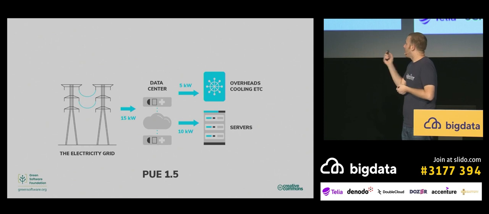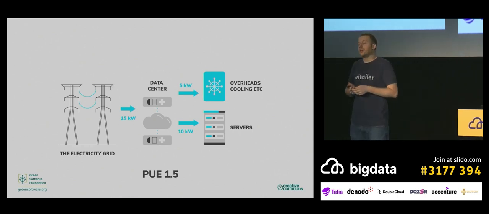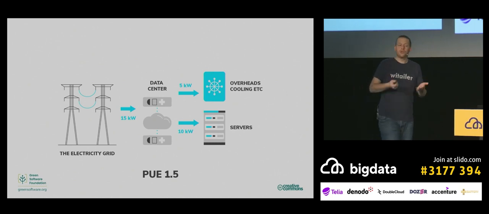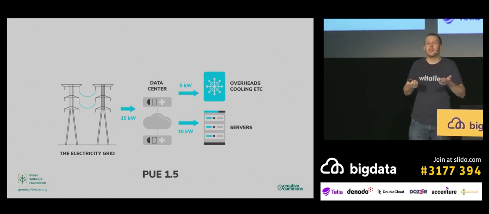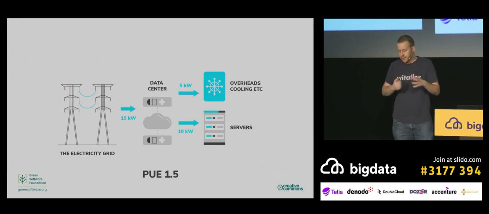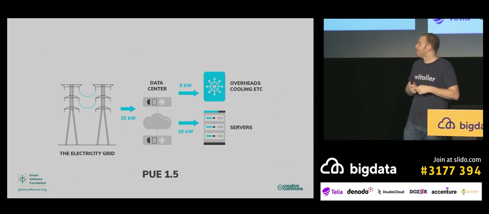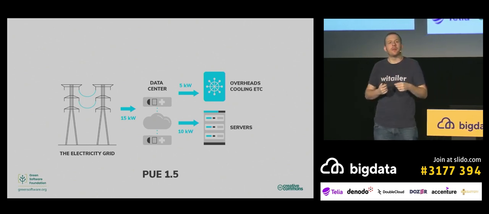There are many ways to achieve a better PUE. There are many research projects to install data centers under the sea, which of course has other counter effects, but they reduce the lighting.